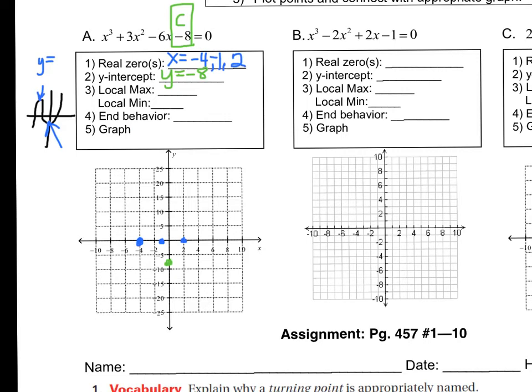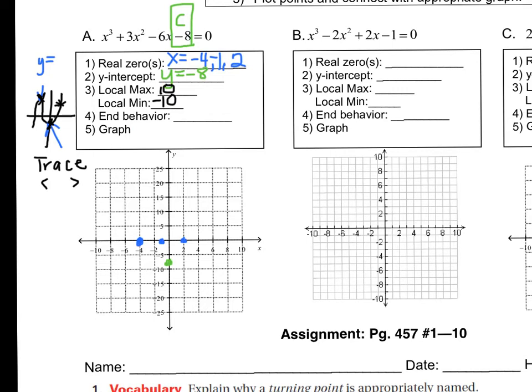You can find those by pressing the trace button on your calculator, and a little cursor will jump on your graph, and you just use the left and right arrows to scroll around until you can get it on top of where the lowest point and the highest point are. In this case, it's approximately 10 and approximately -10.